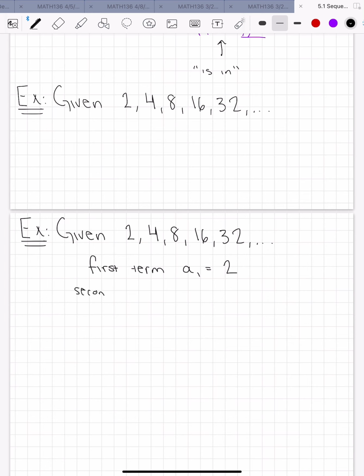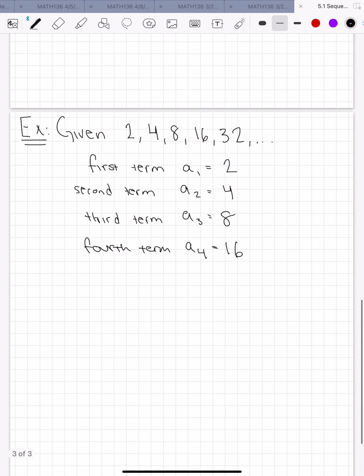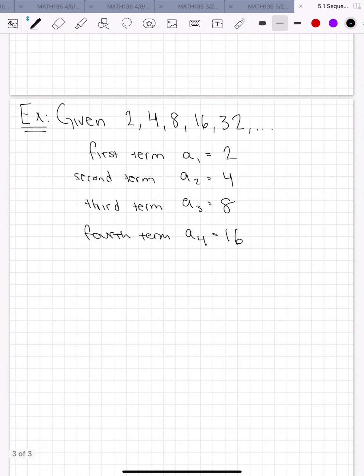The second term, A2, is 4. The third term, A3, is 8. The fourth term, A4, is 16. And the fifth term, A5, is 32.